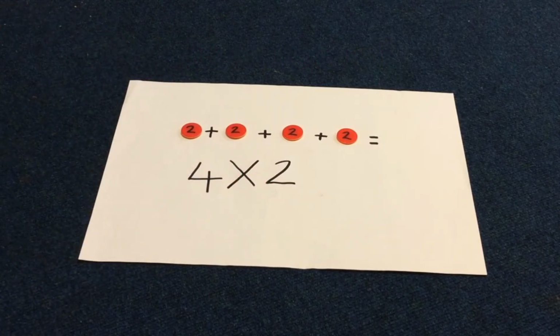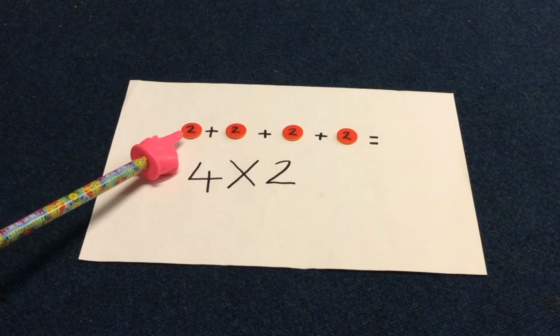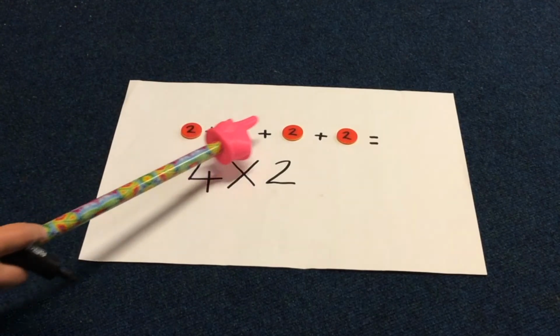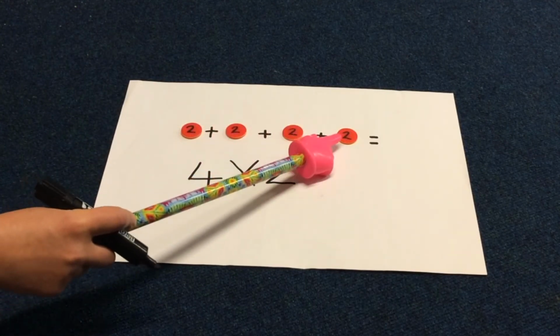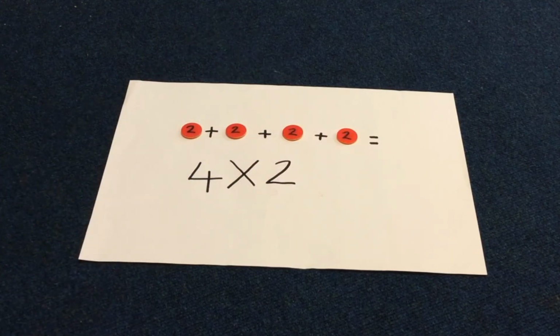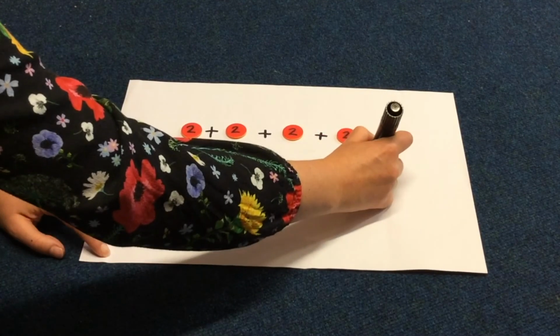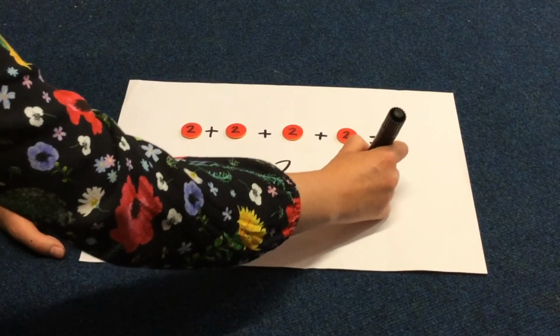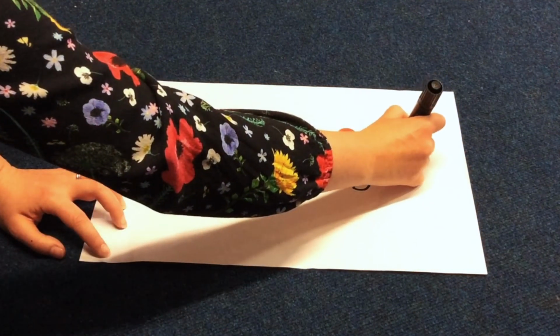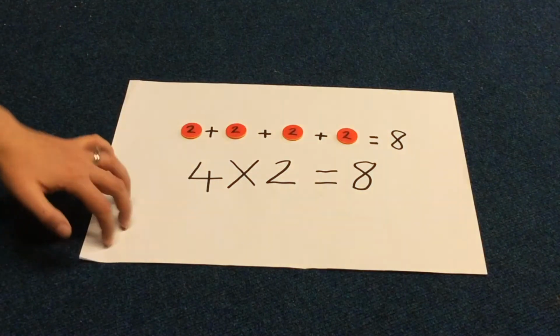Let's check the answer. Can you try it at home? Did you say 8? I agree. 4 lots of 2 equals 8. Brilliant.